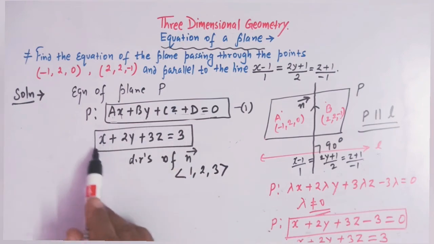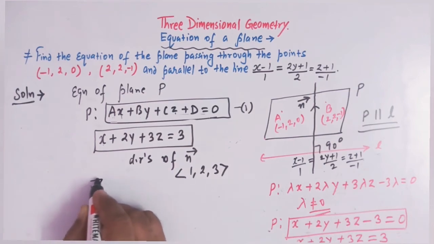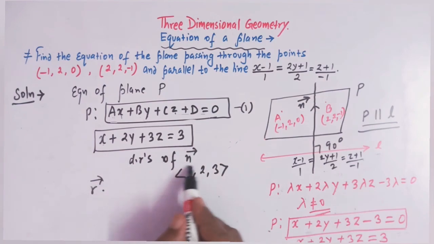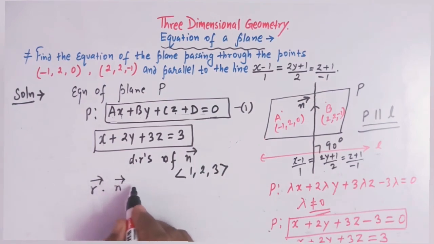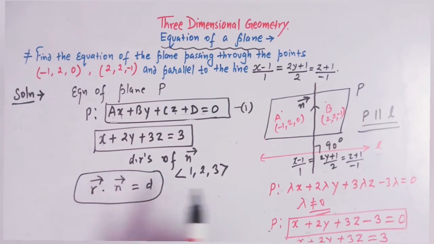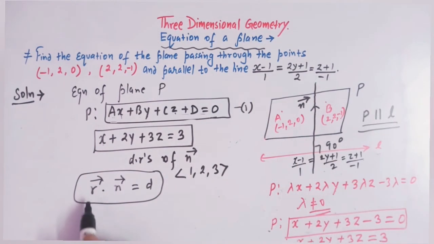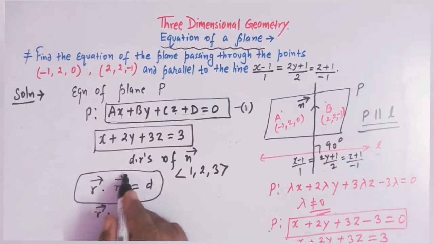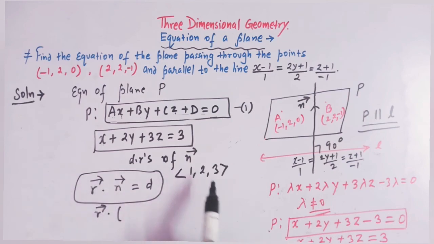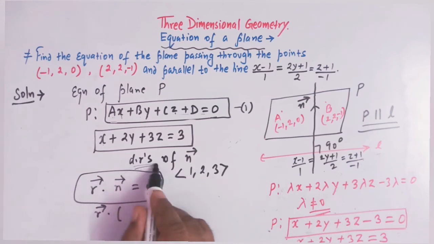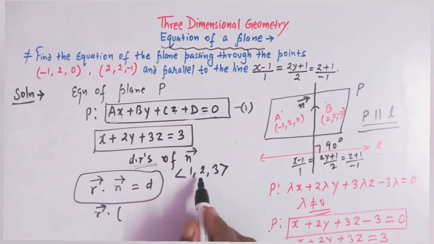And suppose if we want to change the Cartesian form into vector form, we can also write it as vector r dot this vector n is equal to d, right? So this is the vector form of the plane P. So here we can write vector r dot, and vector n can be written by using the direction ratios of this normal vector n.